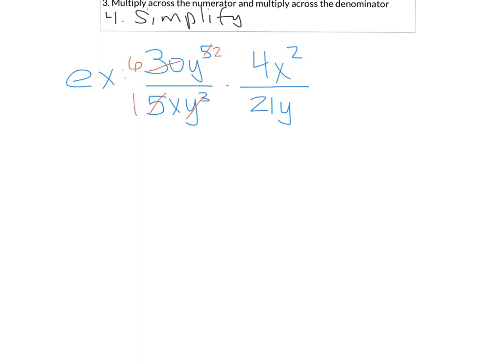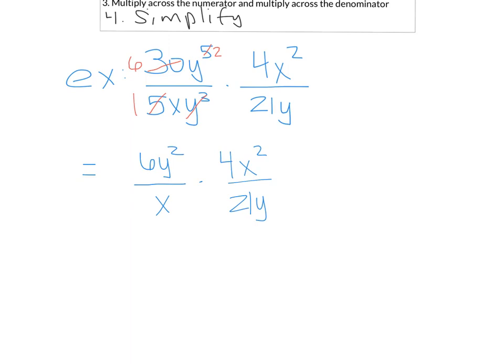Okay, so let's just rewrite that first rational expression. We've got a 6y squared over x. That's the only thing that's left. In the second rational expression, there's nothing that it is canceling, right? There's no common factors. But we can cancel across the multiplication sign.